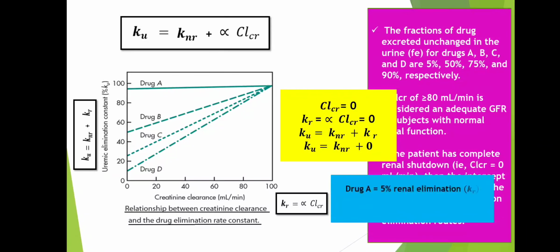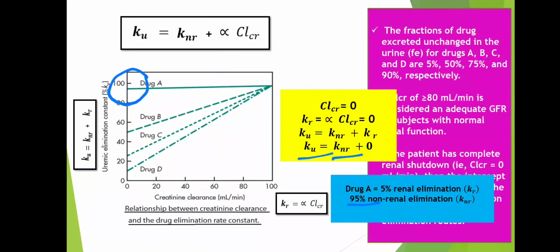Next, as you can see over here, drug A is 5% renal elimination. So 5% of drug A is eliminated via the renal route, which implies that 95% of drug A is eliminated via the non-renal route. You can see over here KNR equals Ku, so that's why drug A is over here, at 95%.